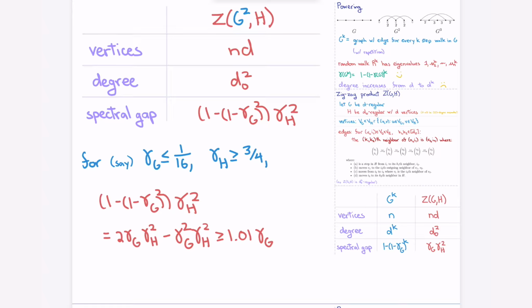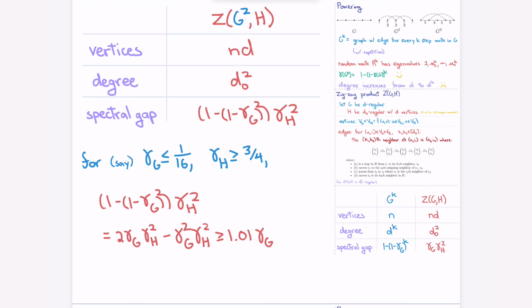So gamma G is at most like 1 over poly n to start. That's not too hard to show. How many times do I have to do this to get it up to a constant? How many times do I have to multiply by 1%? You start at 1 over poly n, and you'll need to do it like 100 times to get to double.